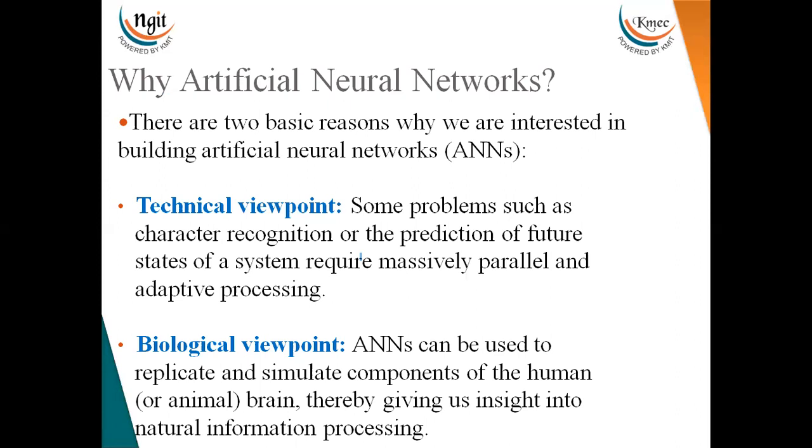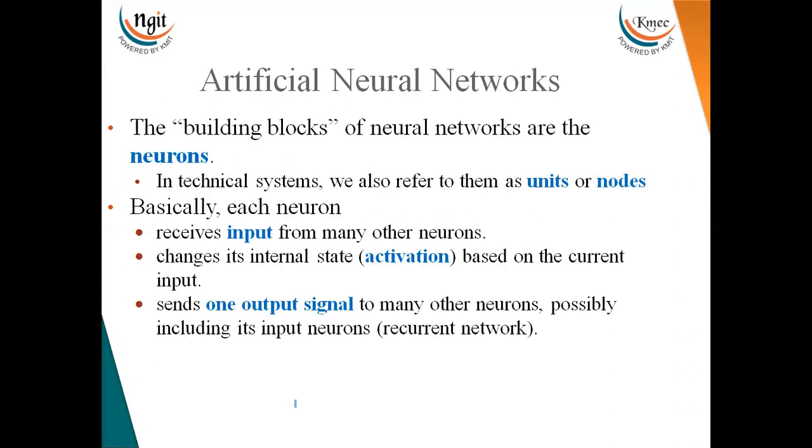For such problems, you need huge data processing, and that is solved by an artificial neural network. And from the biological viewpoint, yes, we are trying to replicate the human brain. We are learning based on the human brain only. So that is the biological viewpoint for the ANN.